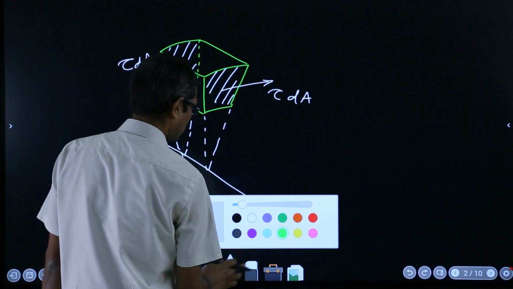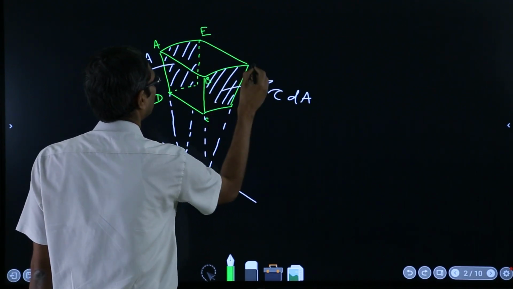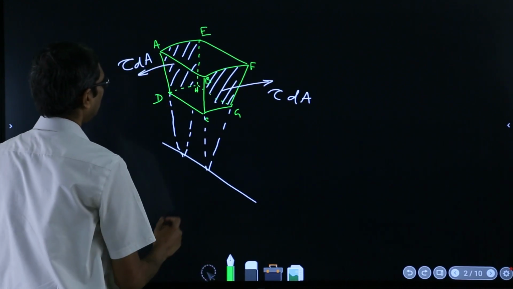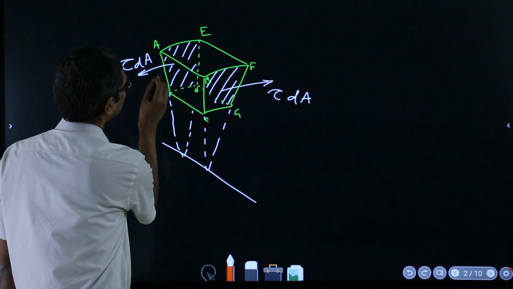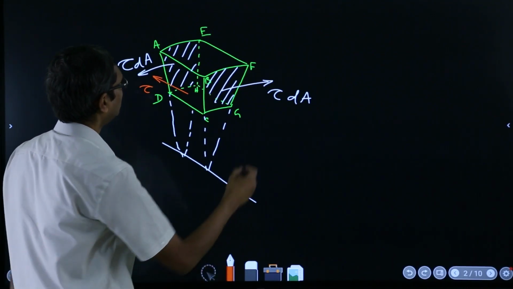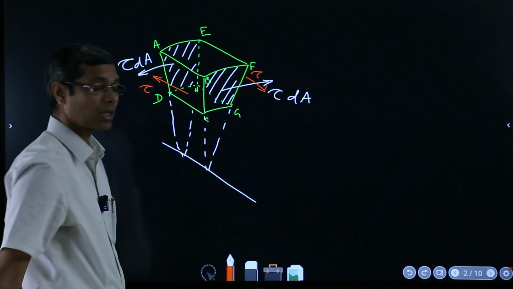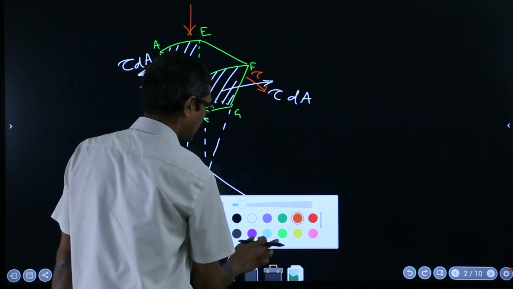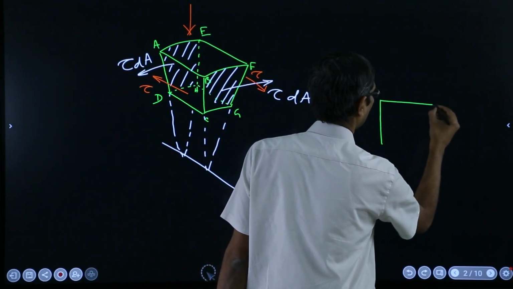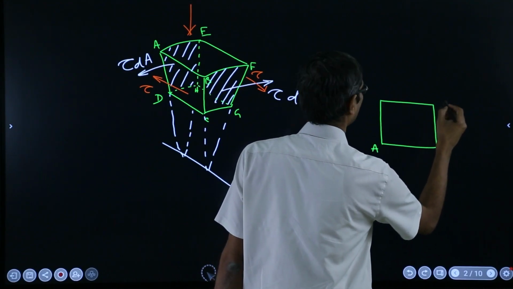Let me give some names to the surfaces so that I can say A, B, C and D, and now E, F, G and H. What I was talking about is this surface A, B, C and D. The tau will be acting here also, and similarly an opposite tau will be acting in this direction on the surface E, F, G and H. If I look from the top, I'll see A here, B here, F and E here.